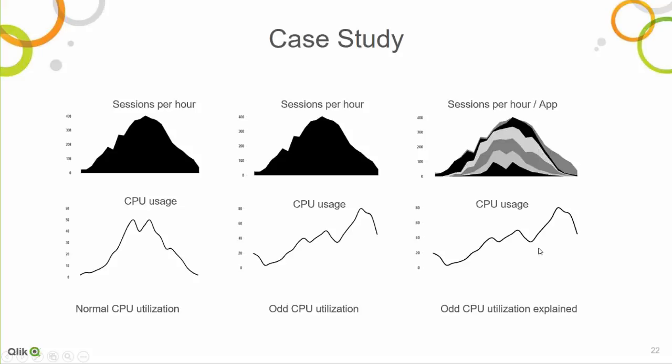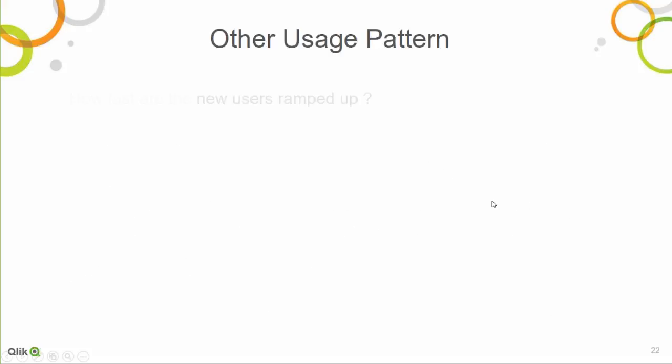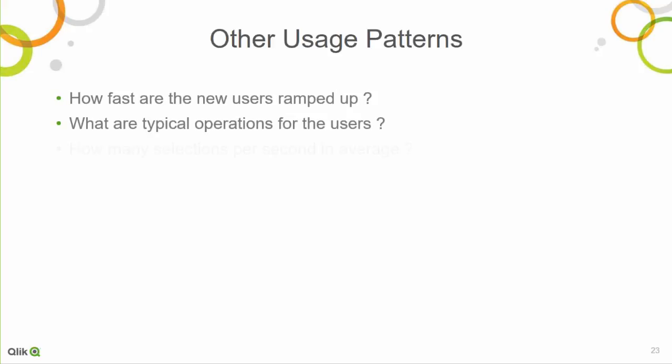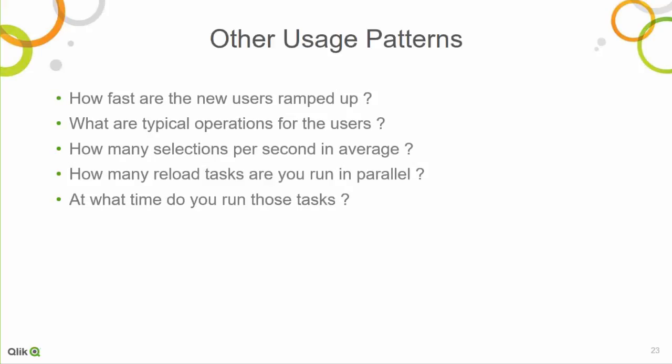And that corresponds to the increasing CPU power. So the answer is, this one is a heavy app, and that requires our special attention. Here I list several other factors from the usage pattern, and you can ask those questions when you investigate your performance issue.